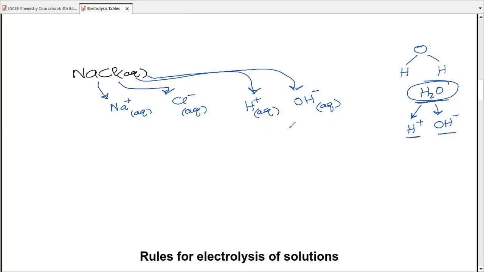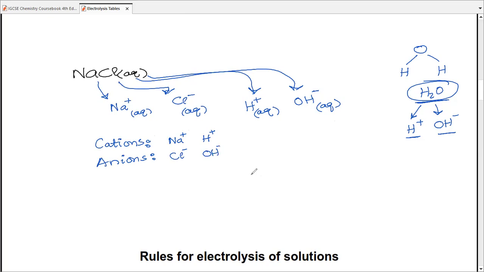Take a look here. We have two sets of cations. If I separate the cations, I would have Na positive in this system and H positive in this system. And if I separate the anions, I again have two anions in this system, that is Cl negative and OH negative.